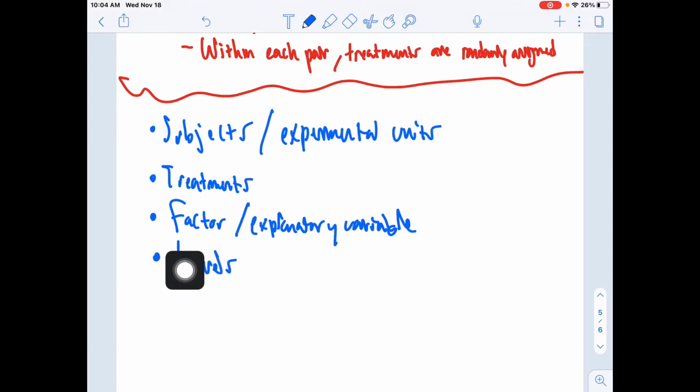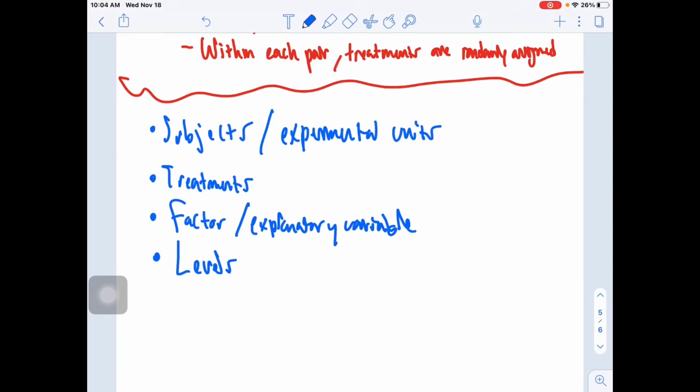Levels, you can change the treatments. As of right now, we have two treatments I mentioned: one can have the TV on, one can have the TV off. But maybe I decide to add a third level, and maybe the group that has the TV on, I split that up even further. So now instead of just having 2 treatments, maybe now I have 3.